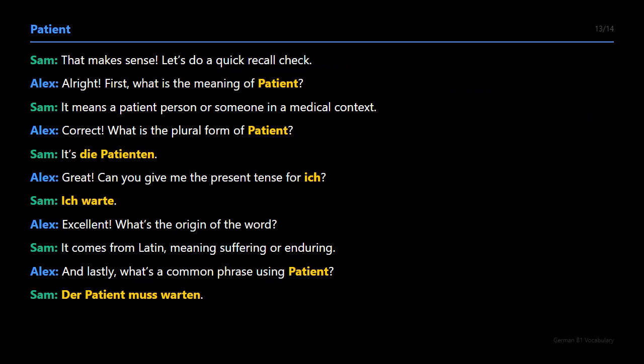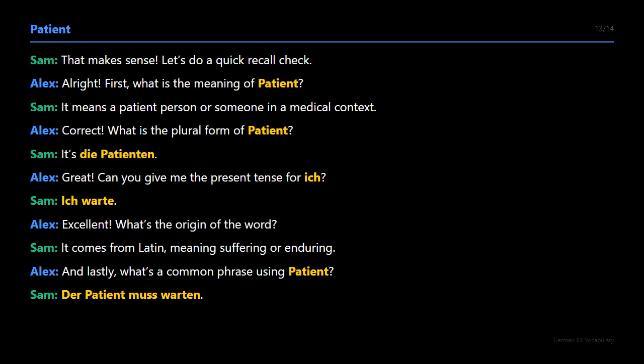Alright. First, what is the meaning of Patient? It means a patient person or someone in a medical context. Correct. What is the plural form of Patient? It's Die Patienten. Great.